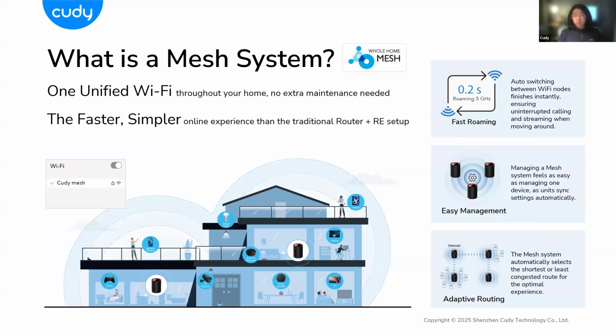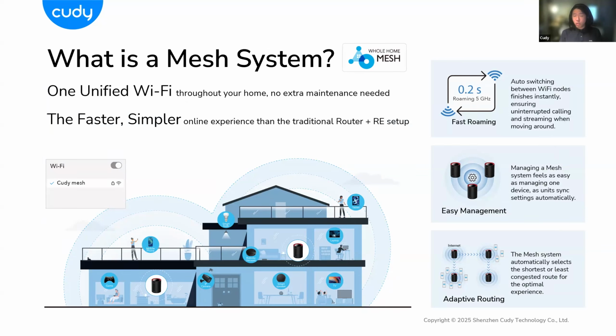Okay, last but not least, a very popular secondary feature is called mesh. We have introduced mesh systems, and almost all Wi-Fi routers support mesh features. Compared with a traditional router and extender setup, a topology equipped with mesh is superior because it provides one unified Wi-Fi.